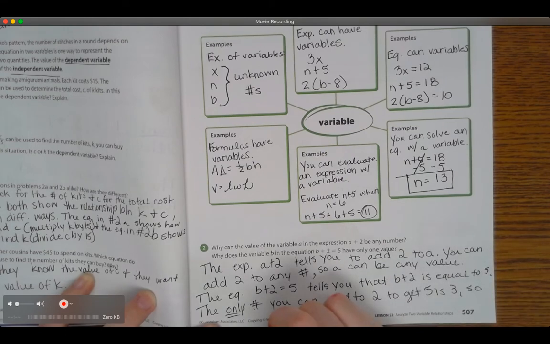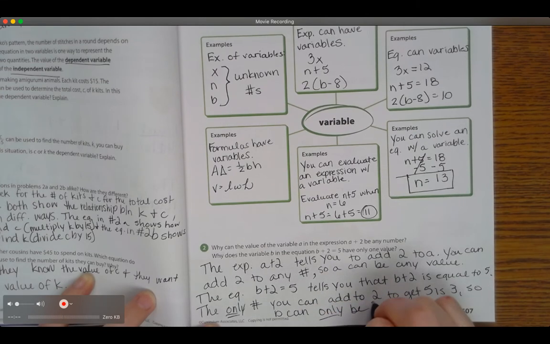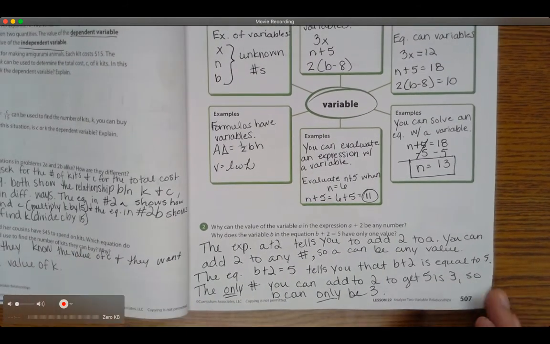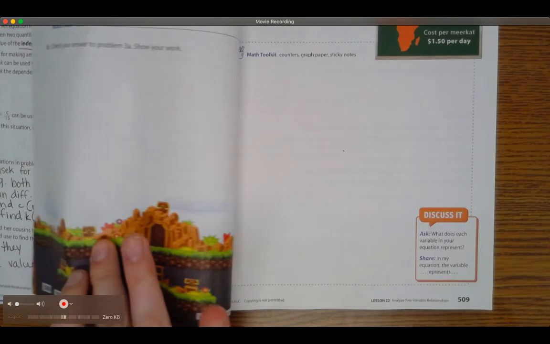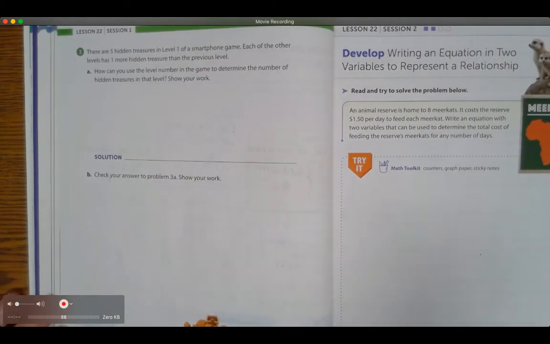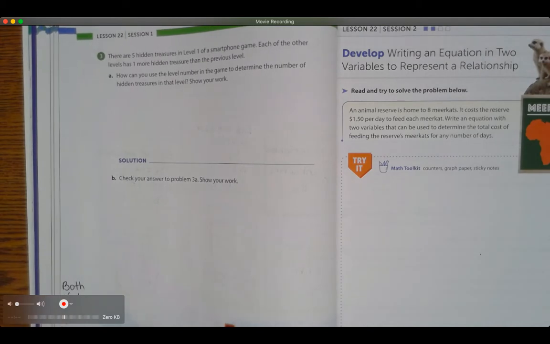So b can only be 3. All right, let's go ahead and turn to the next page. So page 508. All right, go ahead and try this and then come back and we'll try it together.